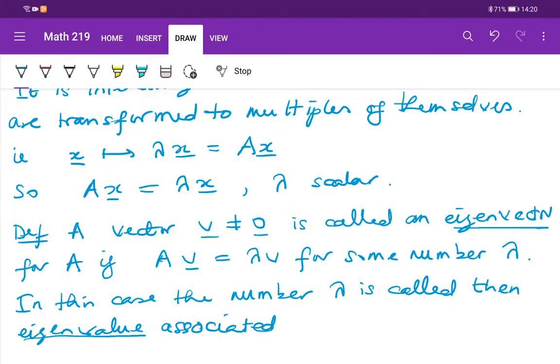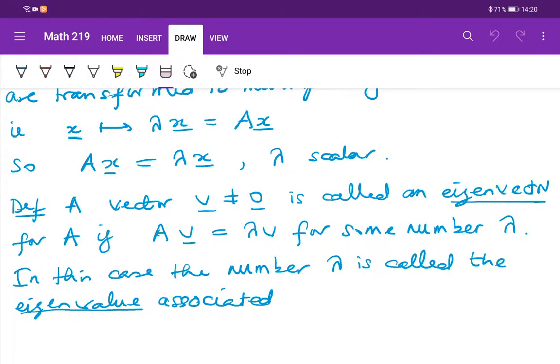So to each eigenvector, there is a unique eigenvalue. This is the corresponding lambda. It's the eigenvalue associated to the eigenvector v.